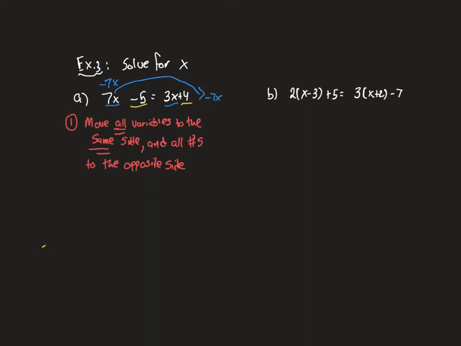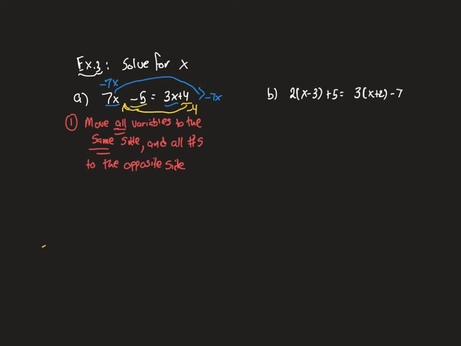Now I'm going to do two steps in one here. I'm also going to, since I moved the 7x to that side, I'm going to move the 4 to the other side by subtracting 4 from both sides. Now I'm subtracting 4 because it's already a plus 4 over here. So how do you get rid of plus? By subtracting. So here I'm trying to streamline.